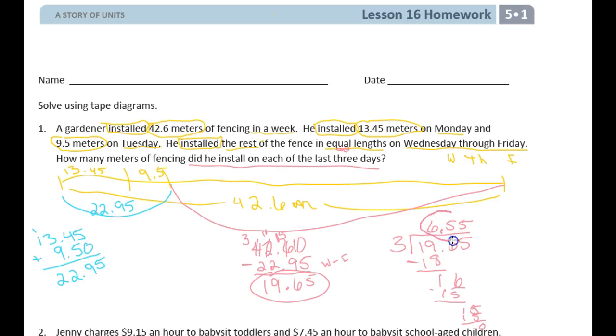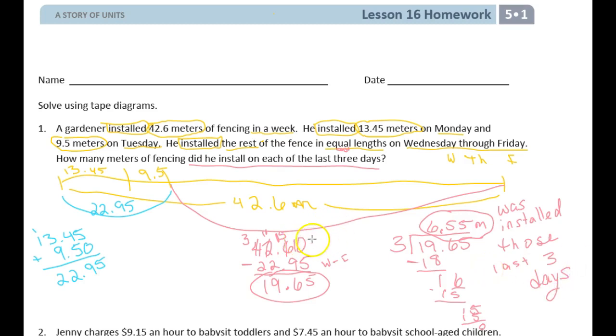So add your unit: 6 and 55 hundredths of a meter was installed those last 3 days. And that gives the answer.